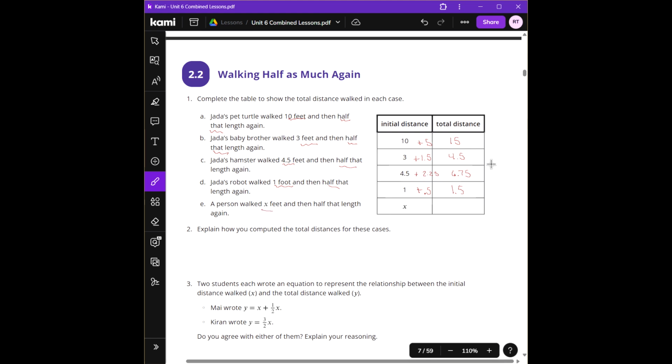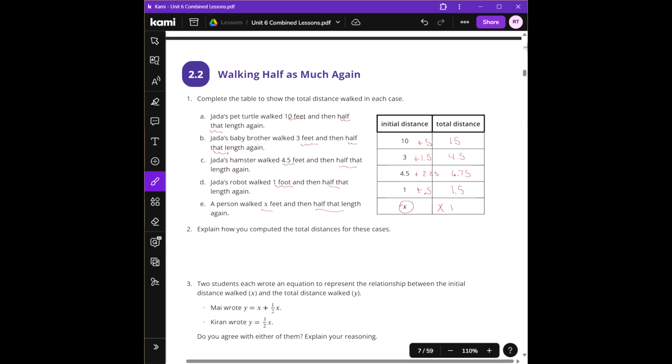A person walked X feet, and then half that length again. So the person walked a certain amount of feet, and then they walked half of that distance. If our distance is X, we have X, which is our initial distance walked.